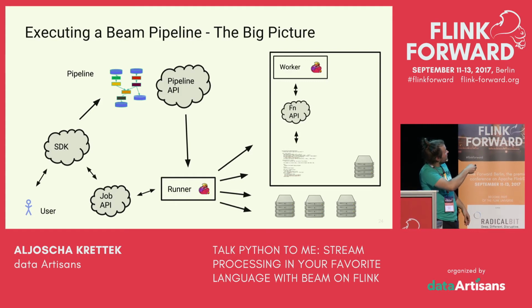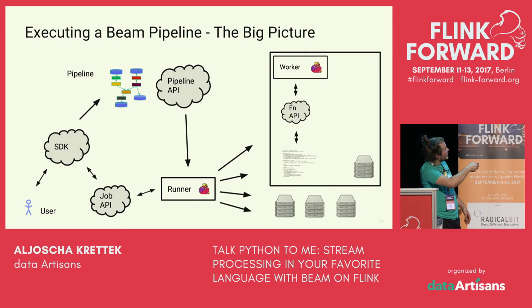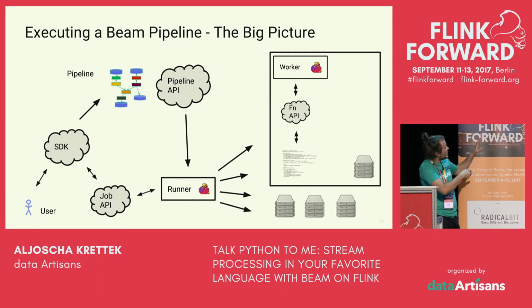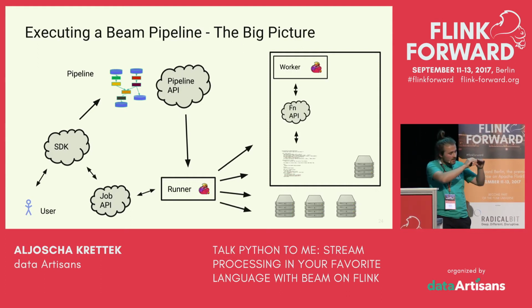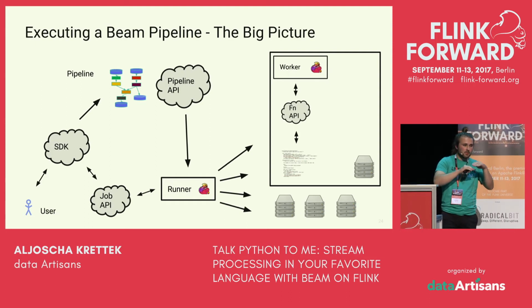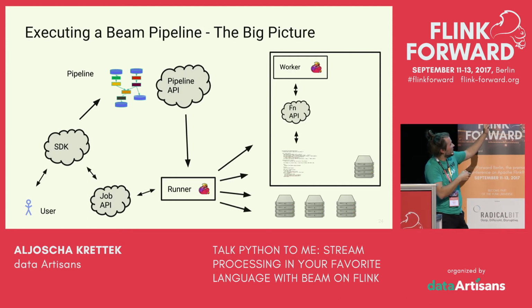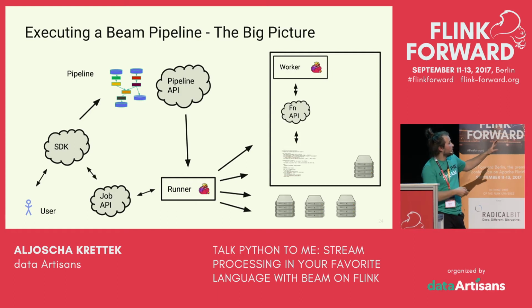Then the runner uses the pipeline API to translate that pipeline to a job that can be executed on the underlying execution engine. So Flink would take the pipeline and transform it, for example, to a DataStream program or a DataSet program so that it can execute this on the Flink runner.